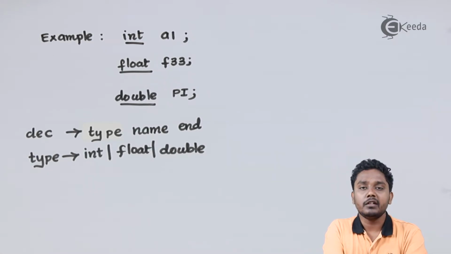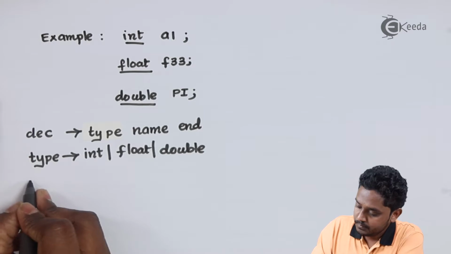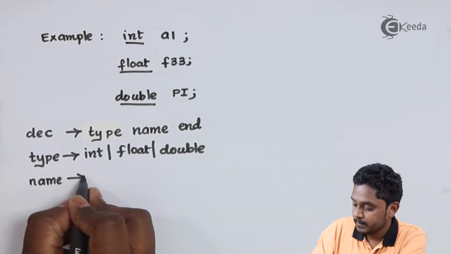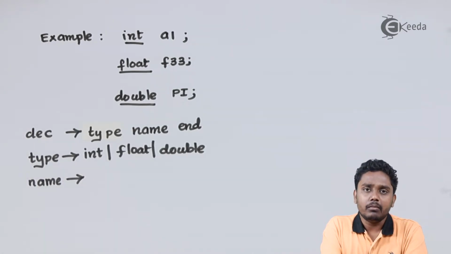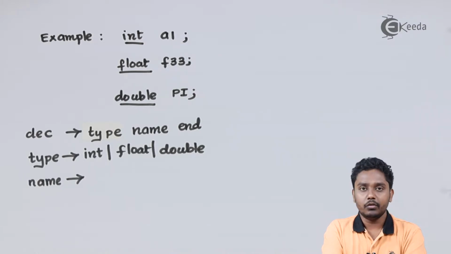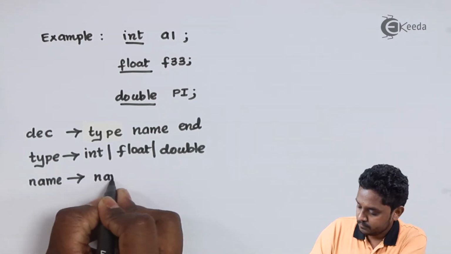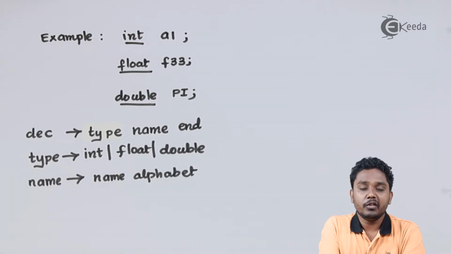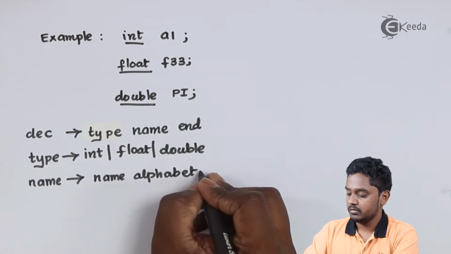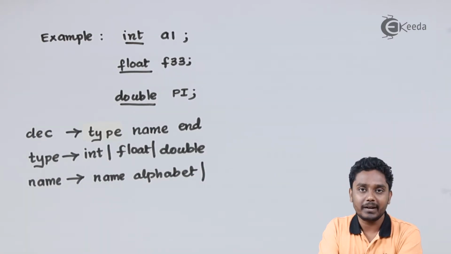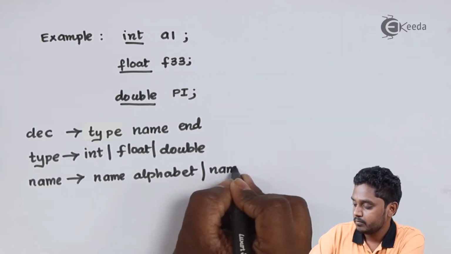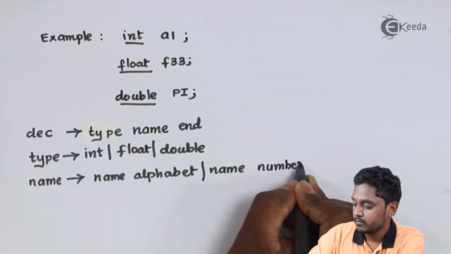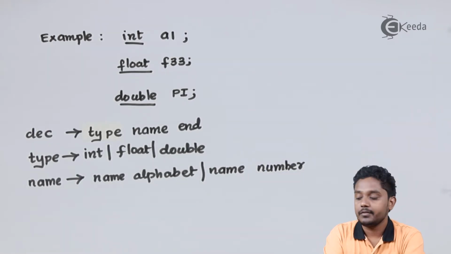Now we need to write the recursive rule for name. We know that name always starts with an alphabet and it can contain alphabets or numbers. So I will write a recursive rule to extend name. A name is a name followed by an alphabet, or a name followed by a number, or simply an alphabet.